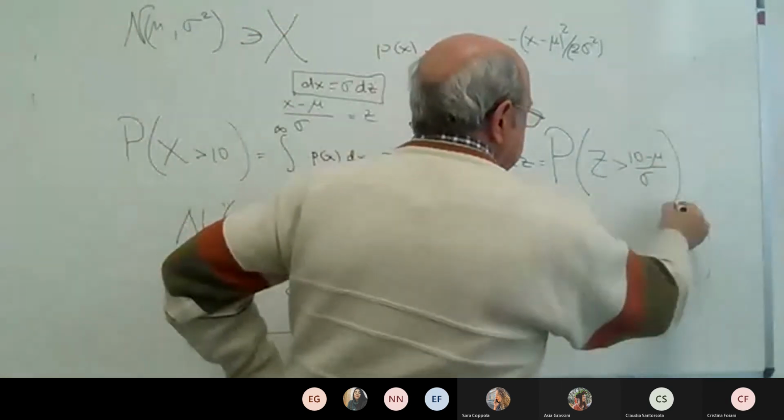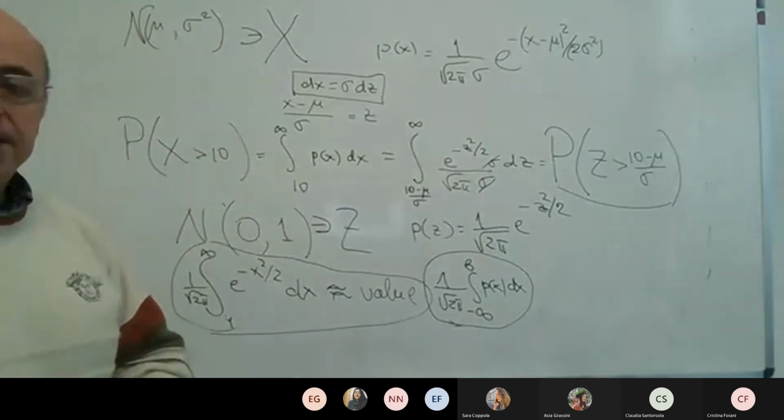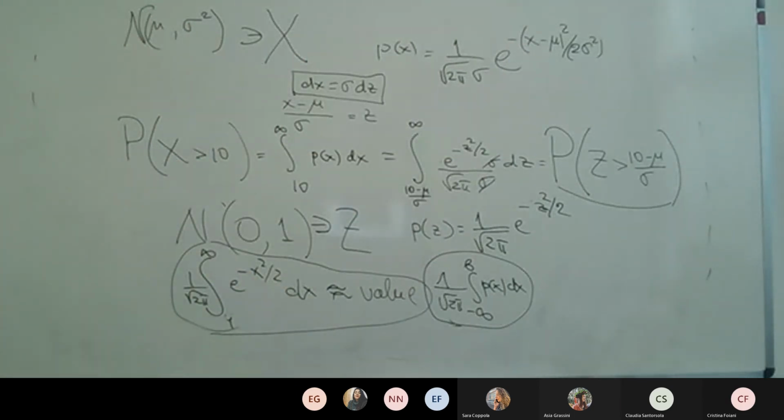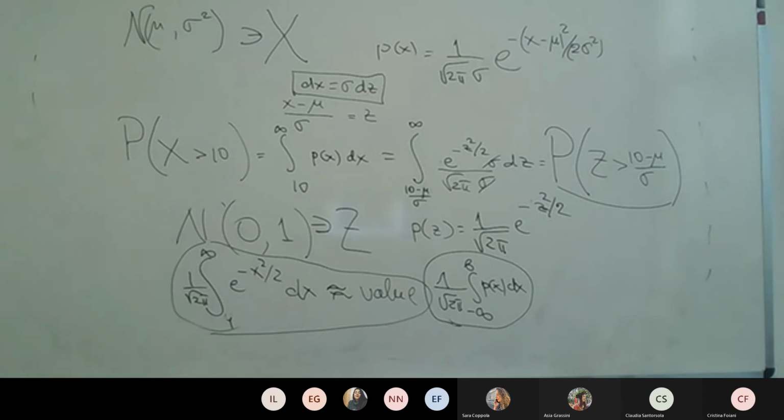And of course, for this, you can use Excel and find your normal distribution, because mu is given, sigma is given, and therefore you can find your exact probability from the tables of the standard normal distribution.